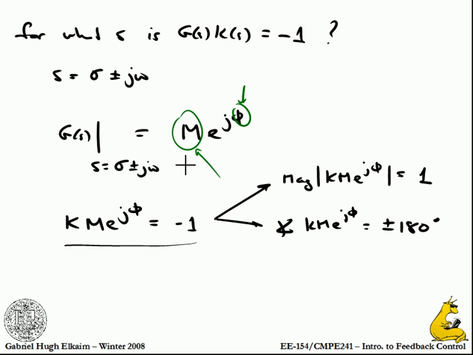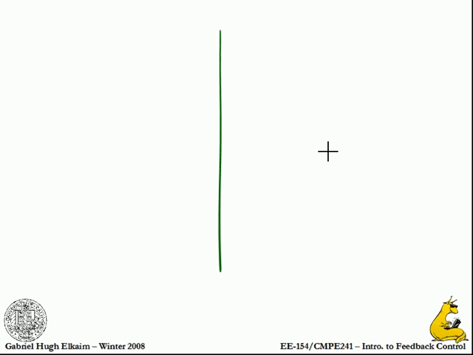So basically, what this says is that if I'm looking for places in which I can find a phase of plus or minus 180, once I find anything that has a phase of 180, I can figure out what k I need to get me a magnitude of 1. Let me do that slowly again, okay? Let's say I have some function.